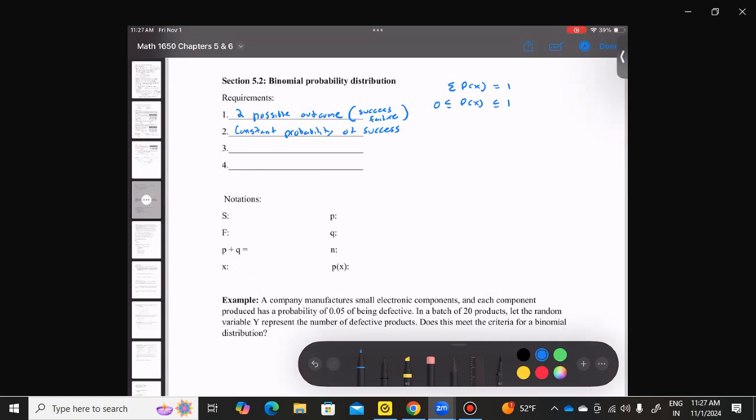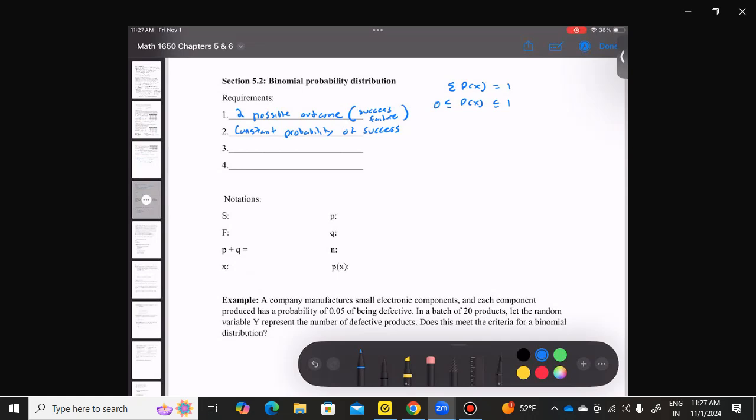You have 2 possibilities, heads or tails. We can call heads success or tails success, it doesn't matter, but we call one side success, one side failure. Let's say we call heads success. The probability of getting a head is 0.5, and every time we flip it, that remains the case.